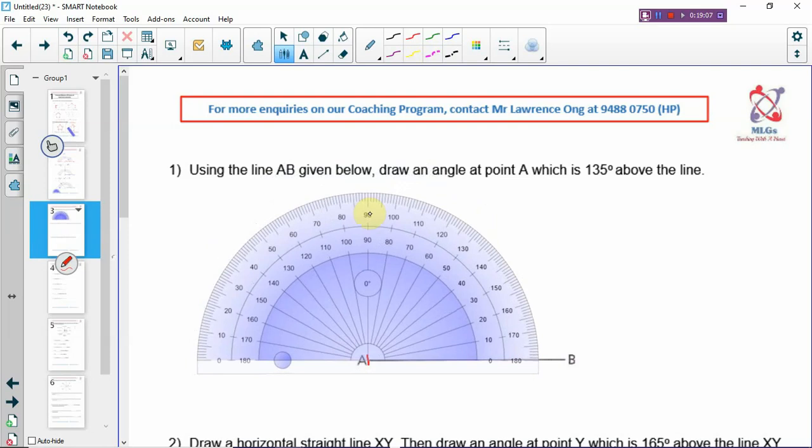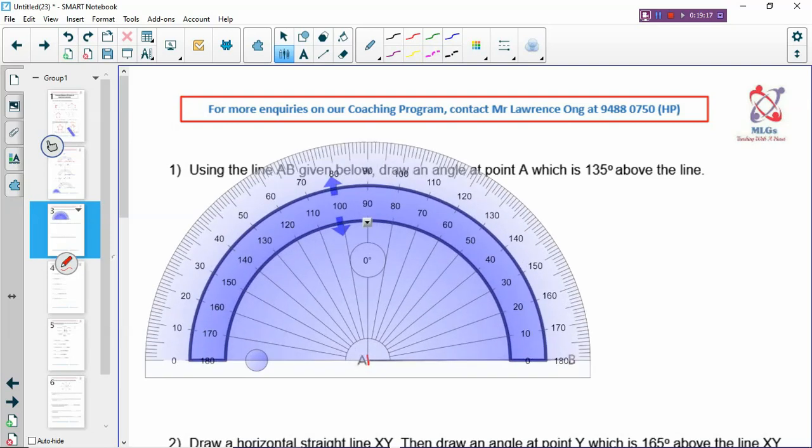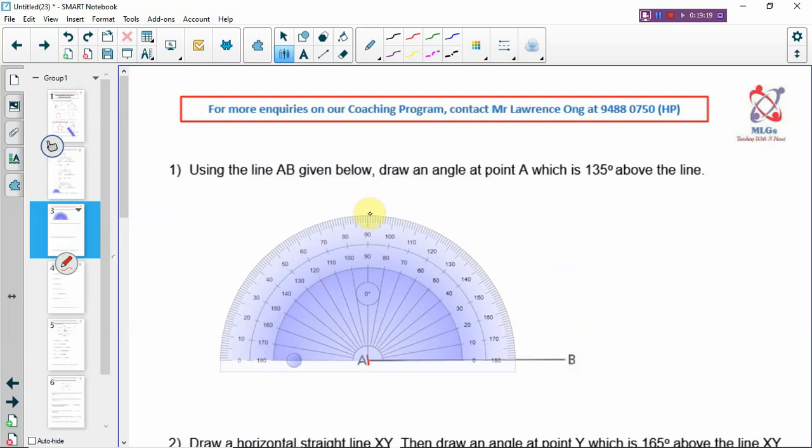If you look at how I do it, the center point of the protractor is touching the starting point of the line, and the baseline of the protractor sits on it. What is the baseline? The baseline is the line where the zeros are, where the line crosses zero.